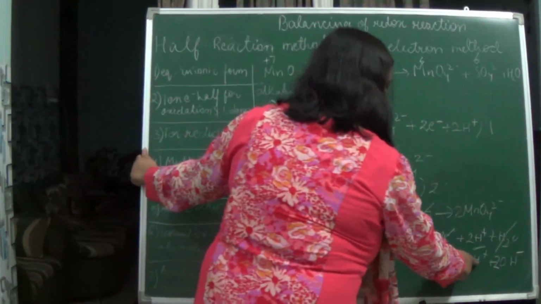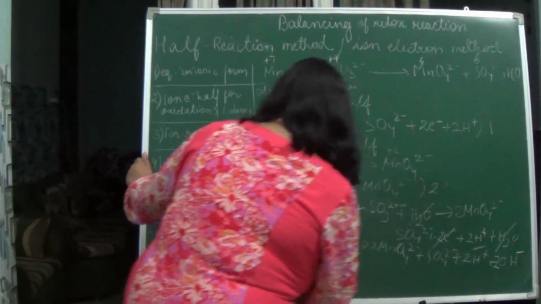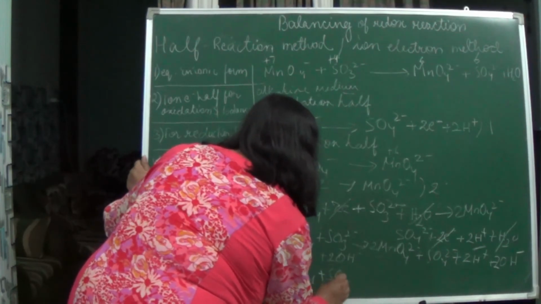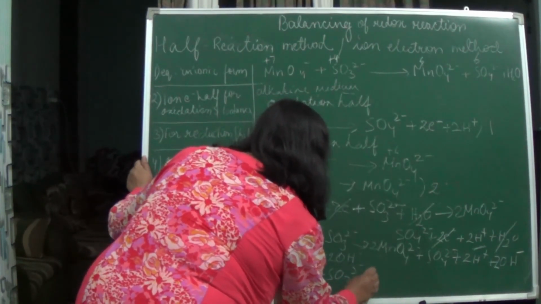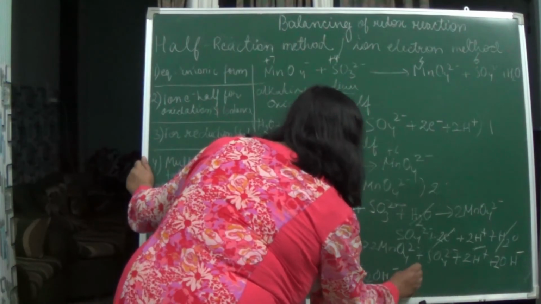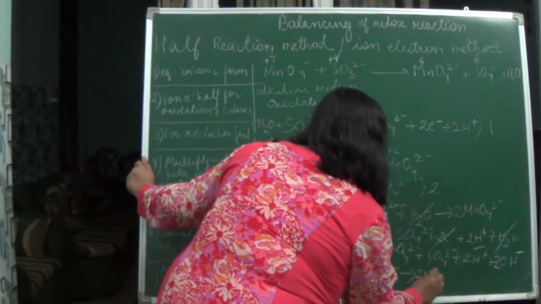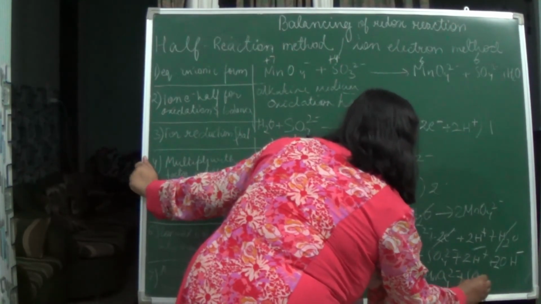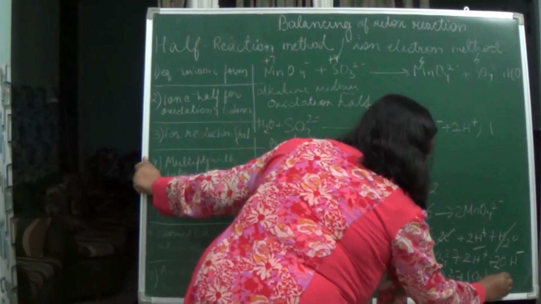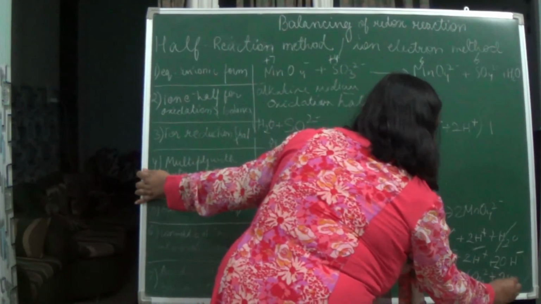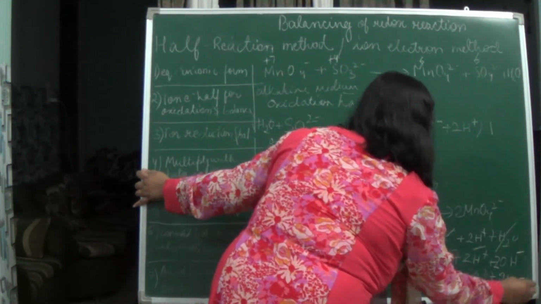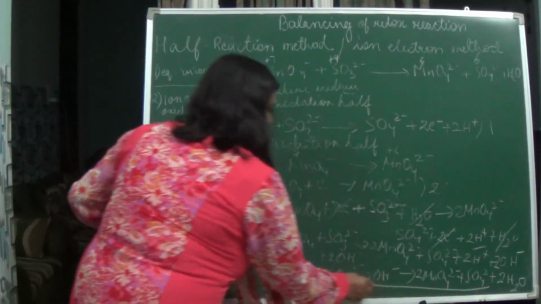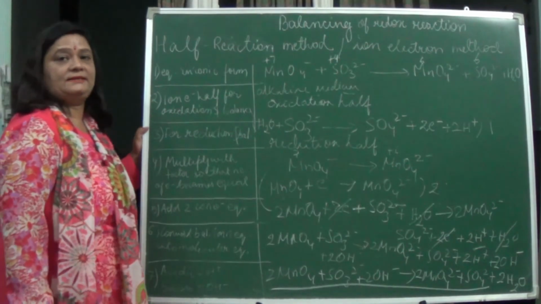Naturally what will happen, now this will form 2MnO4 minus plus SO3 2 minus plus 2 OH minus gives 2MnO4 2 minus plus SO4 2 minus plus 2 H2O, okay, and hence now you will be seeing that this equation has been balanced, okay.